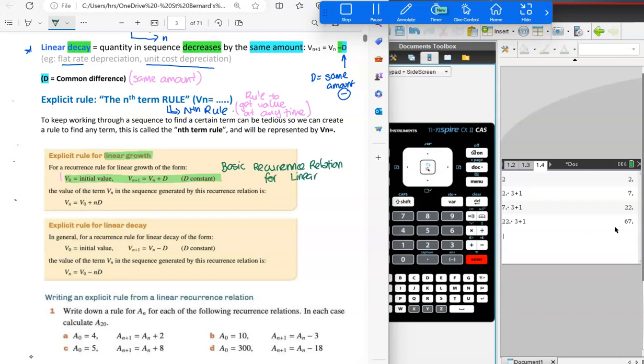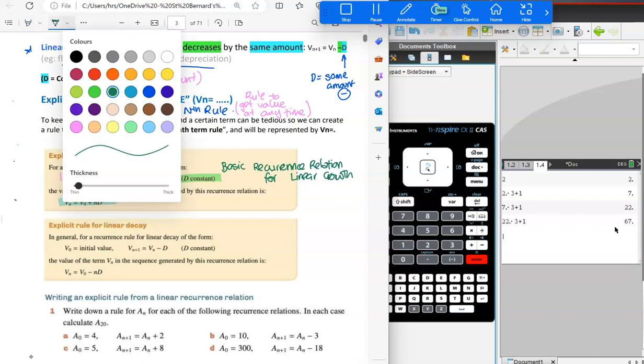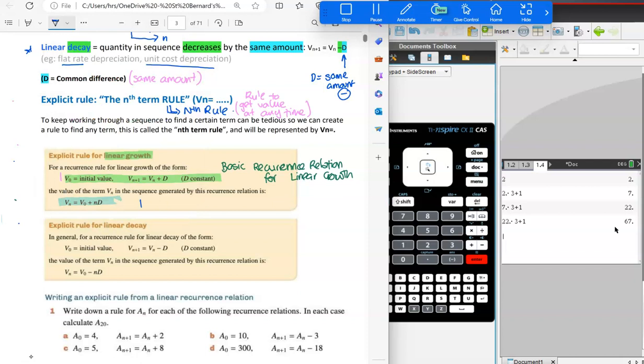Now, if I want to get the nth term, this is how you create the nth term rule. So this is how I could write out a rule. So this is the nth rule for linear. This is growth too, be careful.